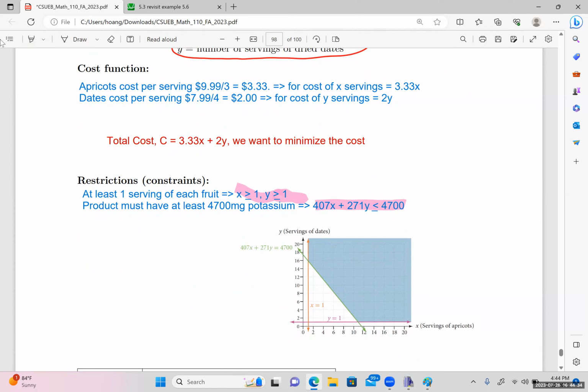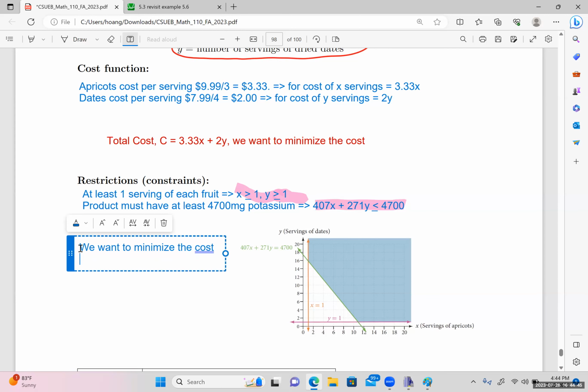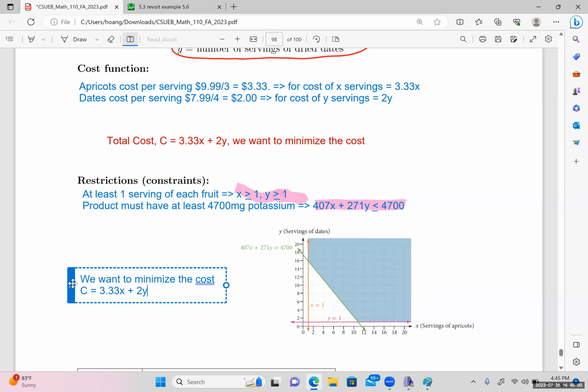So we want to minimize the cost C equal to 3.33x plus 2y. I'm going to put that here as a conclusion.